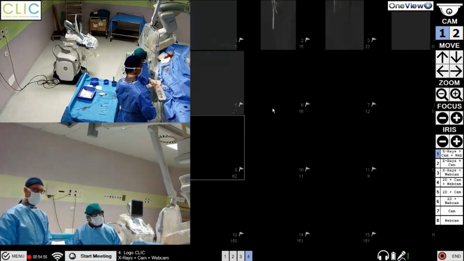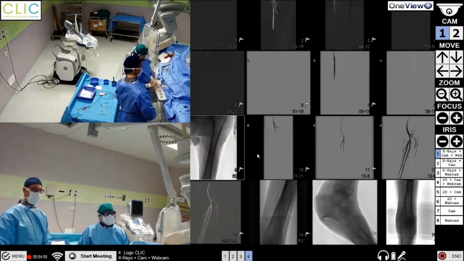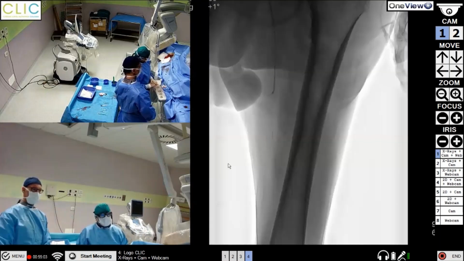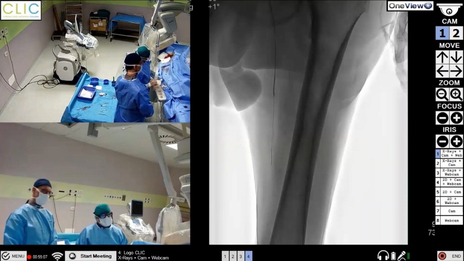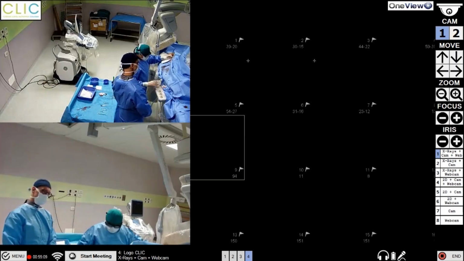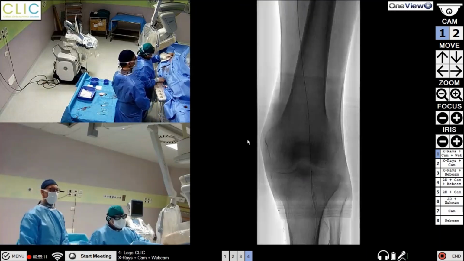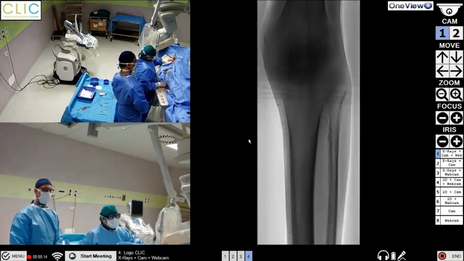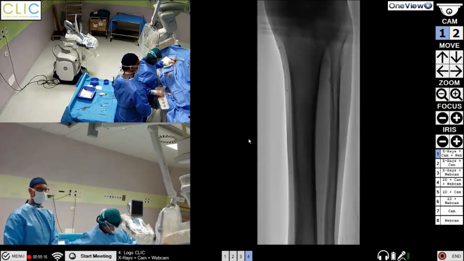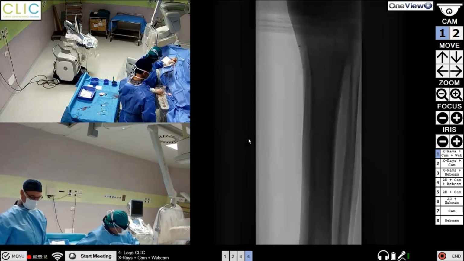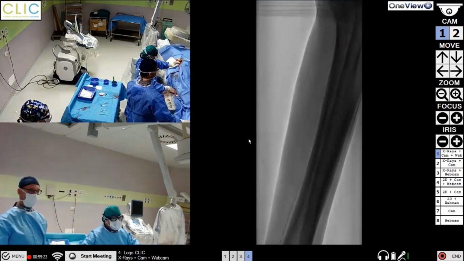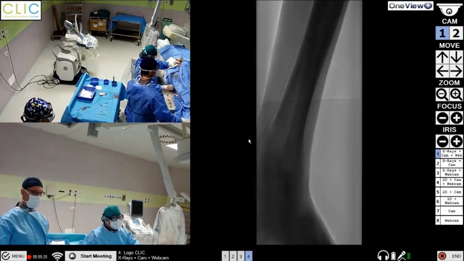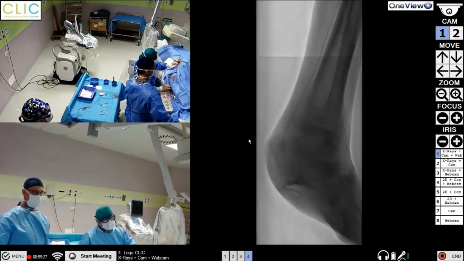cross the lesion with that wire. We entered the anterior tibial with the same wire, the 1/8. Then we entered the posterior tibial with the 1/4 wire, and I succeeded in putting the wire into the medial plantar artery.